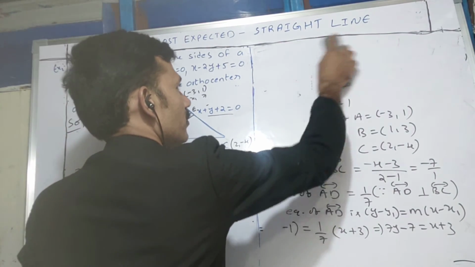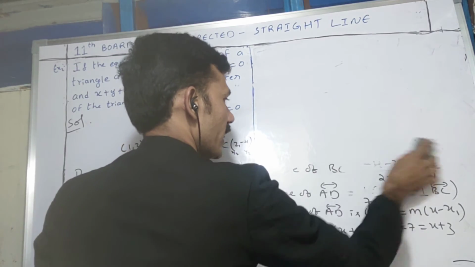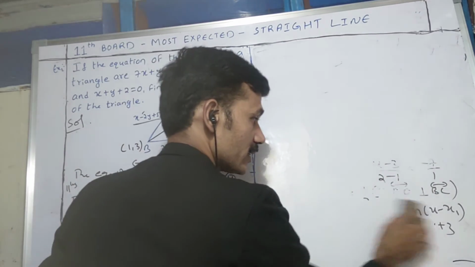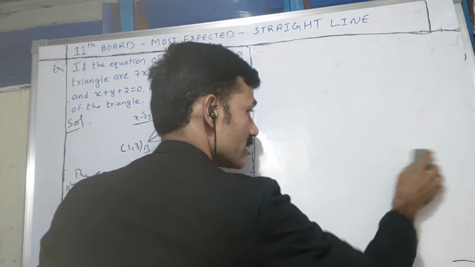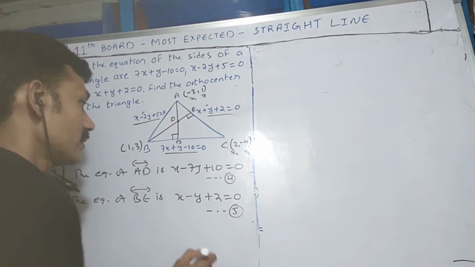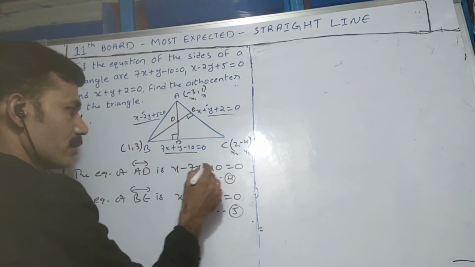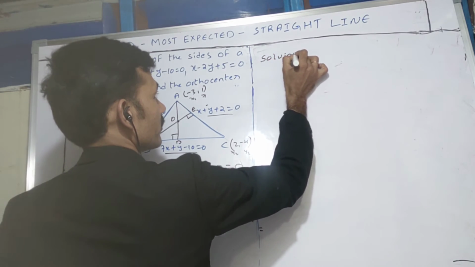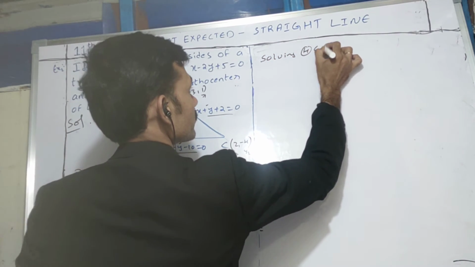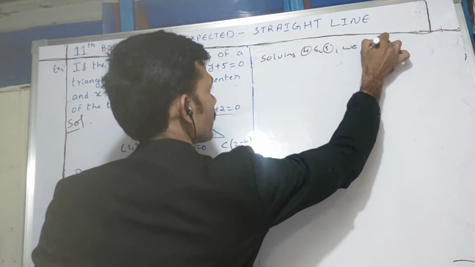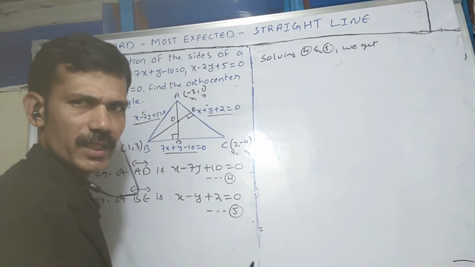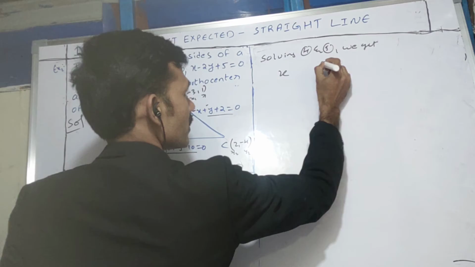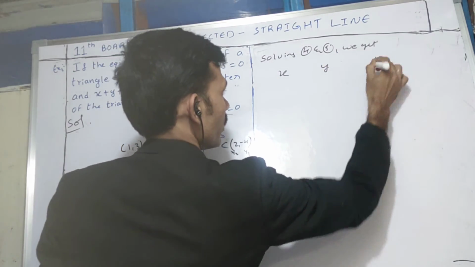Now we have to find the orthocenter. The orthocenter is the point of concurrence of altitudes. We have to solve equations 4 and 5. Solving 4 and 5, we get, with the same cross multiplication method, x, y, 1.